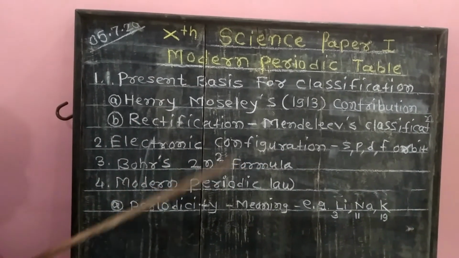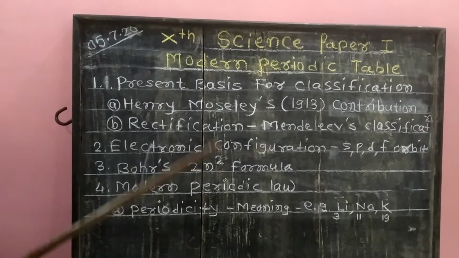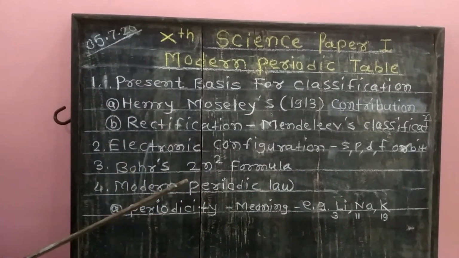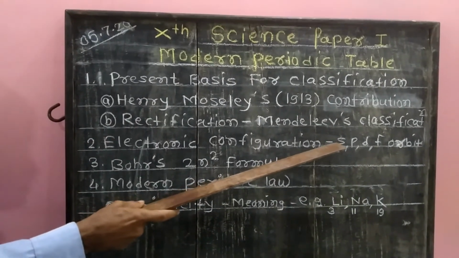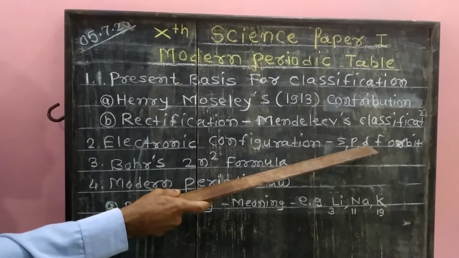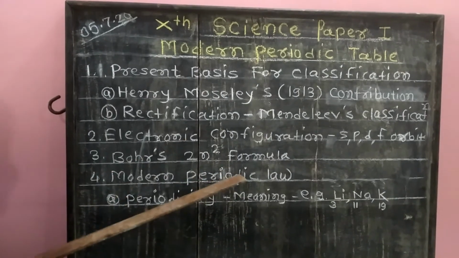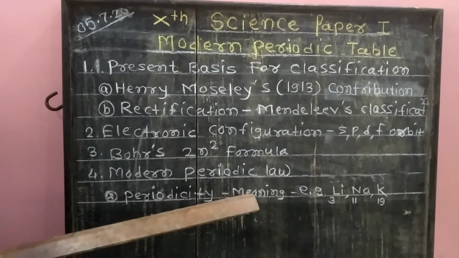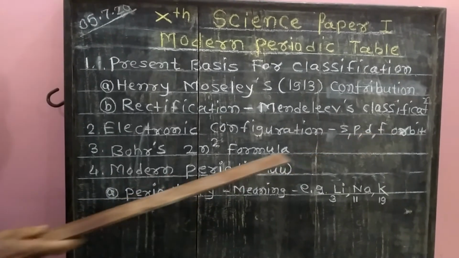The number of electrons accommodated in the subshells is also fixed: in an s orbital 2 electrons, p orbital 6 electrons, d orbital 10 electrons, whereas the f orbital 14. That is why we write 1s2, 2s2, 2p6, 3d10, and 4f14.